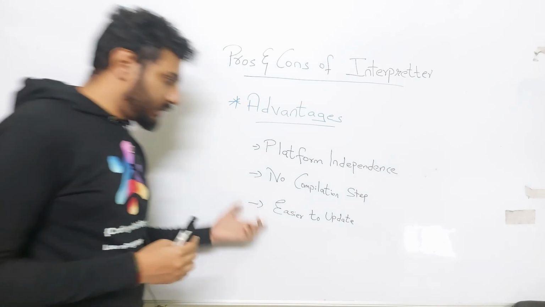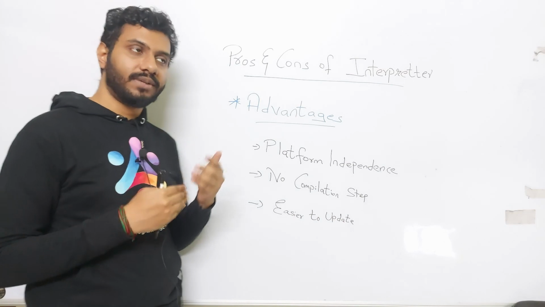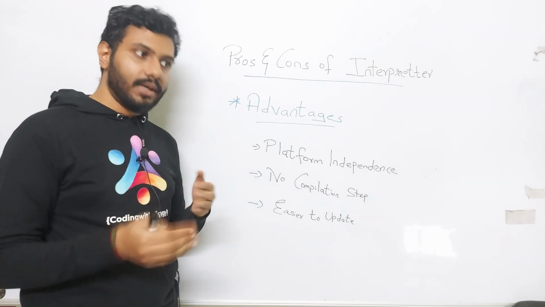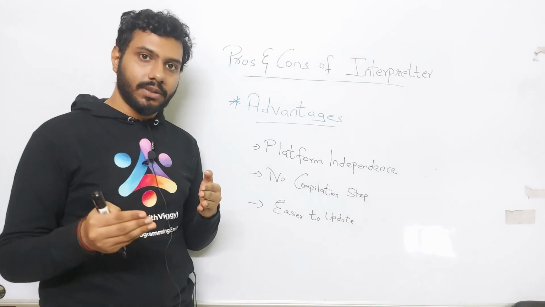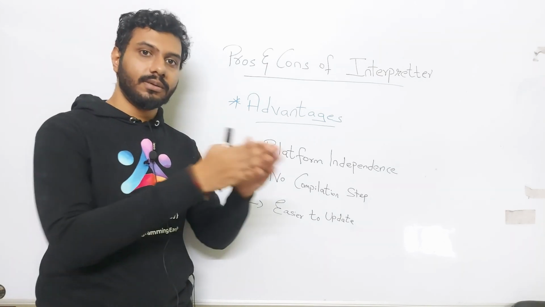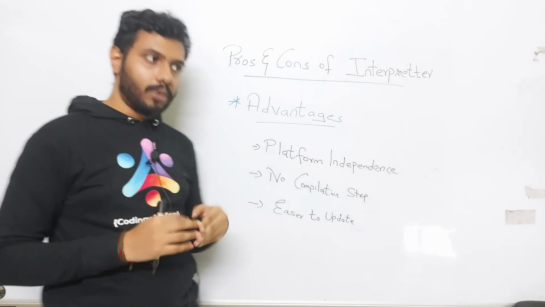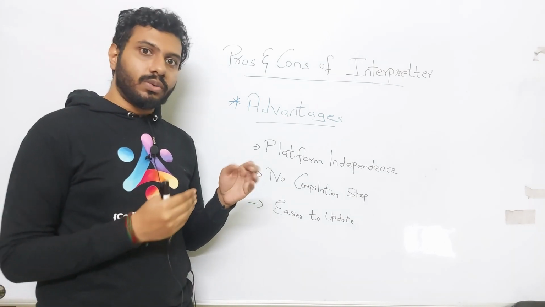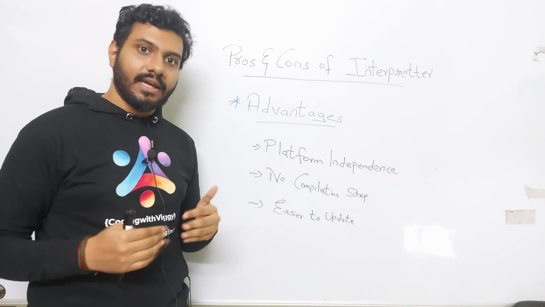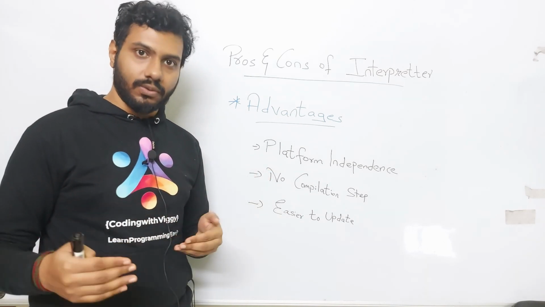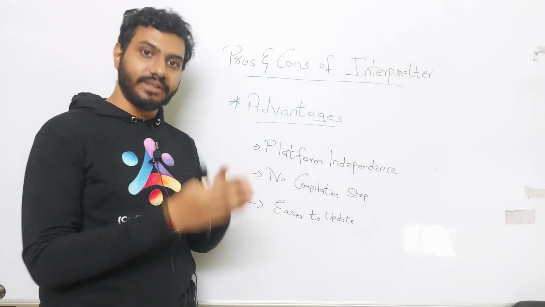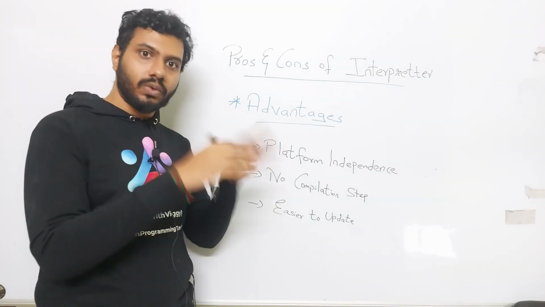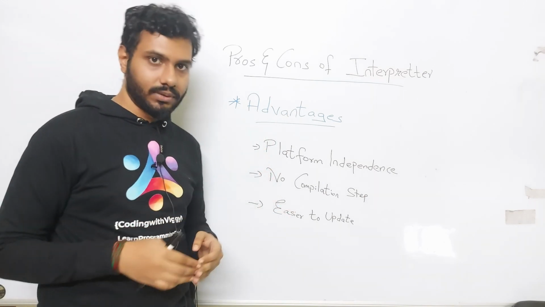Third is easier to update. For example, JavaScript is an interpreted language. Say the code is written in JavaScript and it is in the production server, and there you found a bug. You need not fetch the file again, compile and execute. Since JavaScript is interpreted, you can write the fix there itself and execute it in the production server.